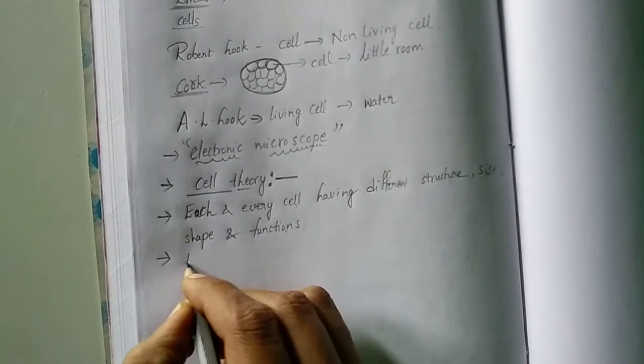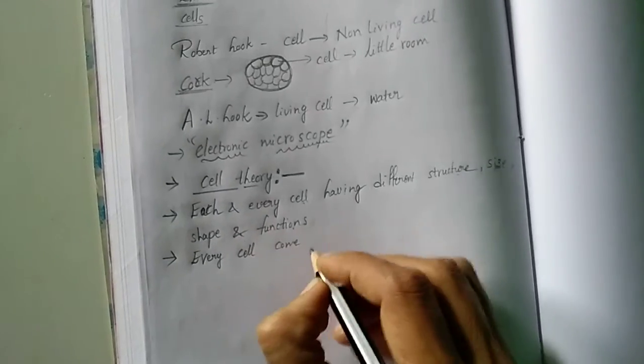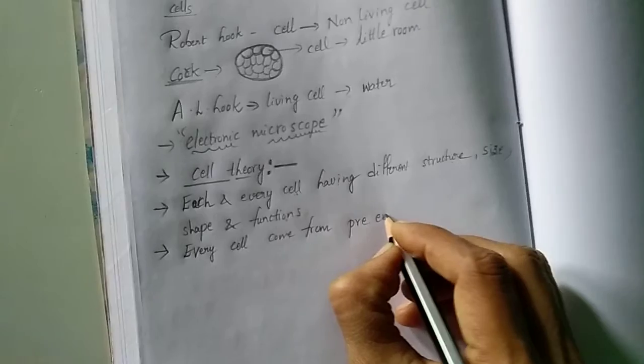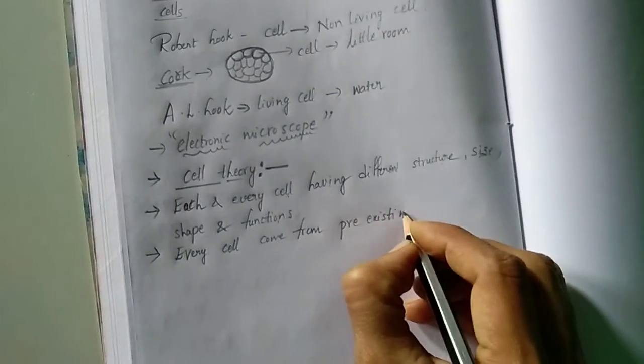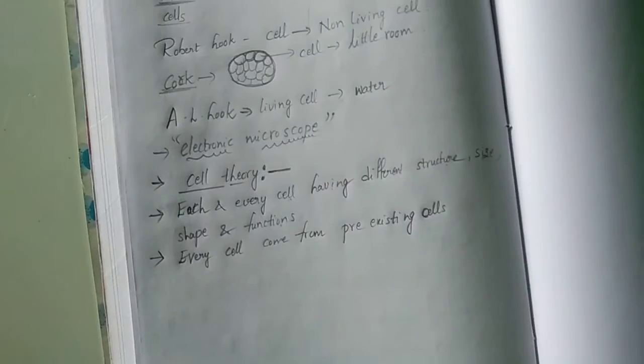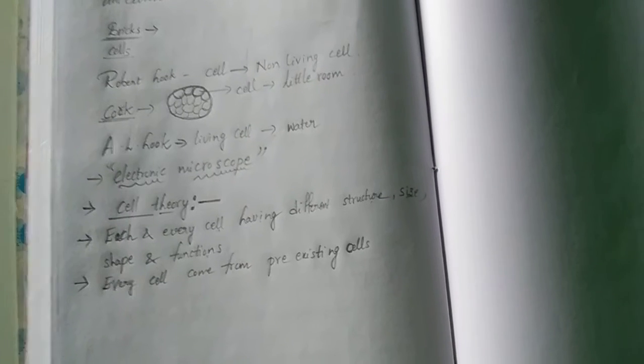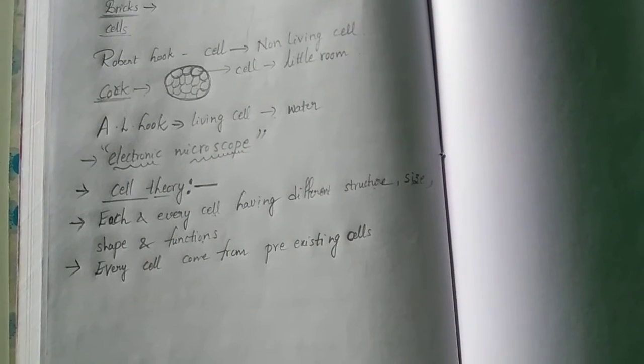Each and every cell comes from pre-existing cells. What is meant by pre-existing cells? It means every new cell which is forming is coming from the old cells.